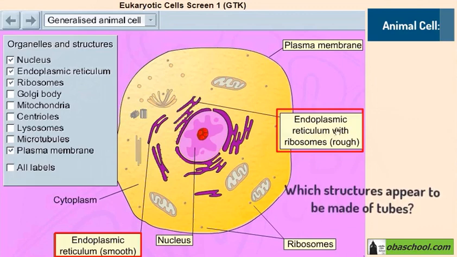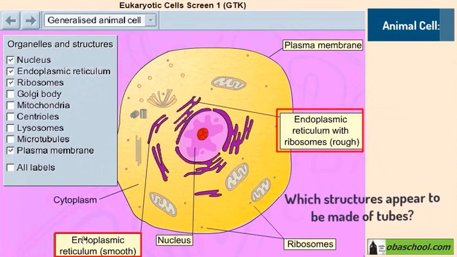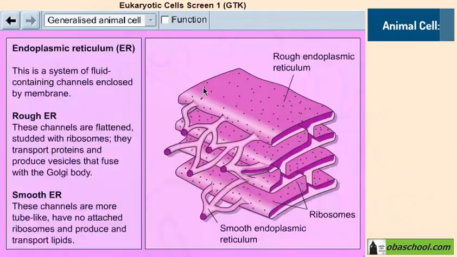We have the rough endoplasmic reticulum and the smooth endoplasmic reticulum. Well, the rough endoplasmic reticulum contains ribosomes. They transport proteins and produce vesicles that fuse with the Golgi body. We will see later what a Golgi body is.